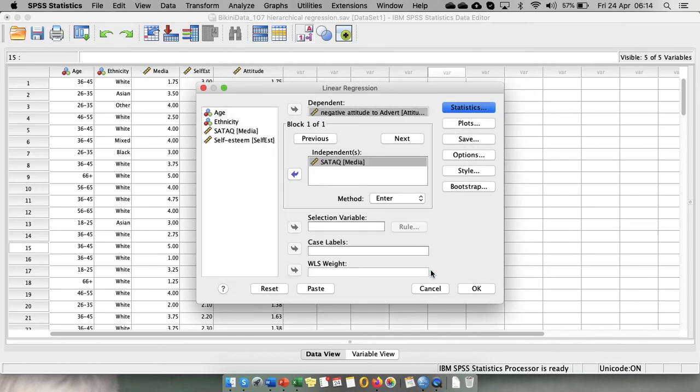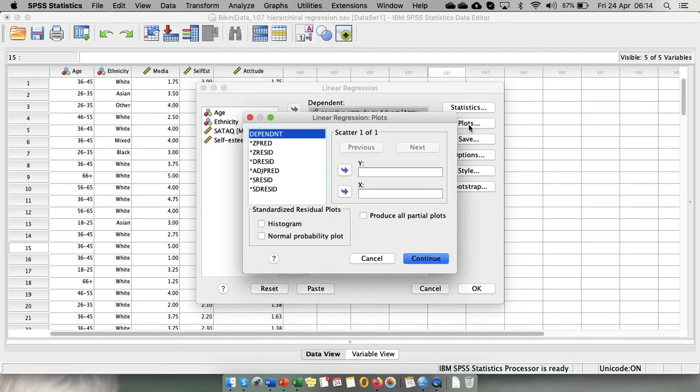We press Continue. We go to Plots, and we want to put standardized predicted scores on the x-axis and standardized residual scores on the y-axis, and this one is to test for homoscedasticity.